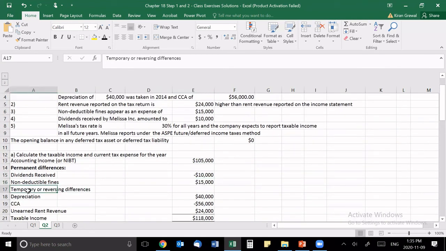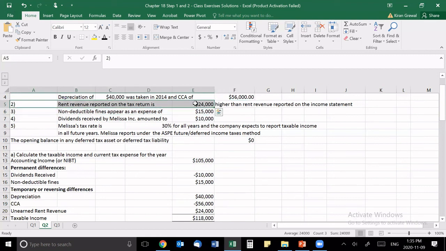Temporary differences, we have a couple of those, depreciation, CCA. So we have to add back the $40,000 of depreciation and subtract the $56,000 that we are allowed to record. So we add back what we're not allowed to deduct for tax purposes and deduct what we are allowed. Okay. And then we had number 2, this rent revenue.